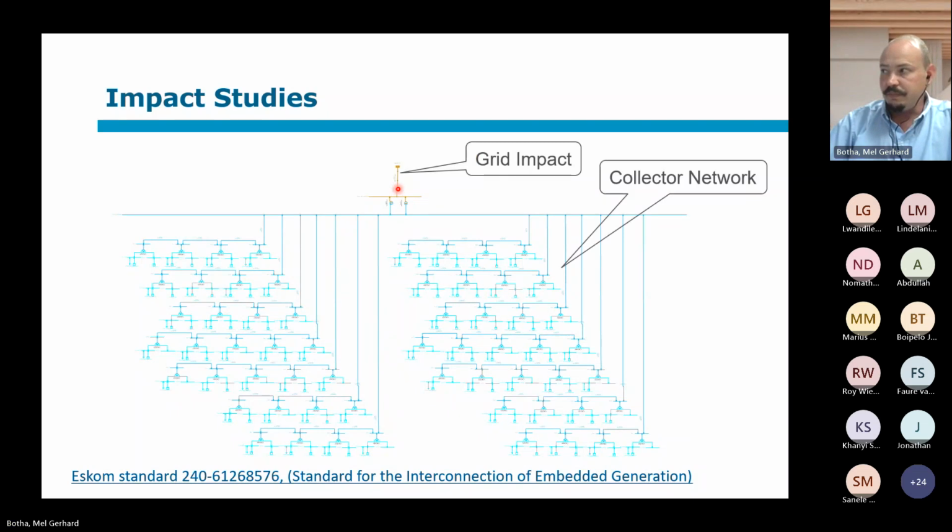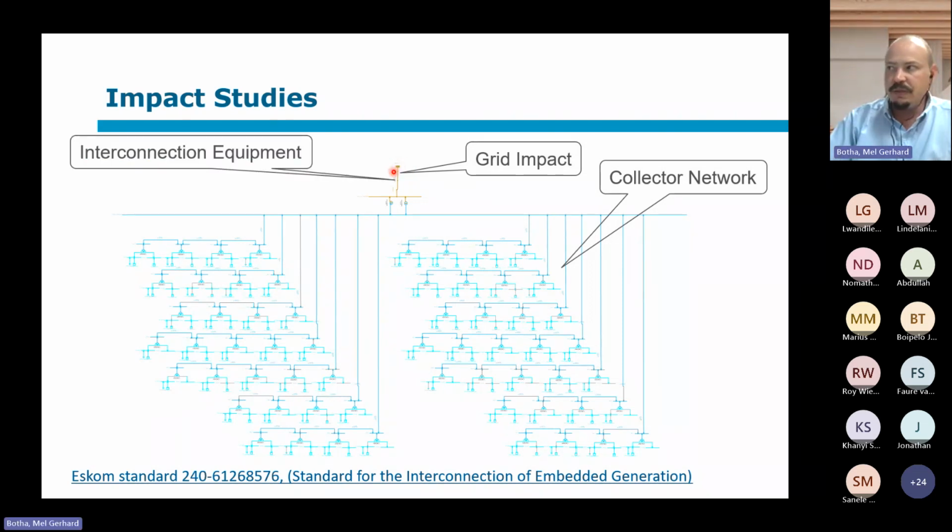So the grid impact is done at this point of connection. The collector network is all of these AC wires and bus bars and terminals that go from the transformers, well, including the transformers, back to the point of connection.